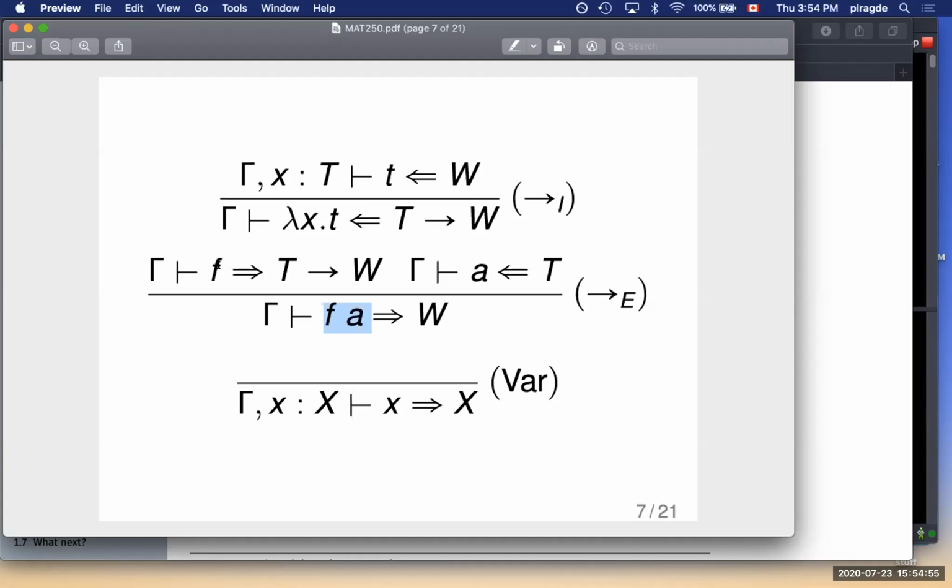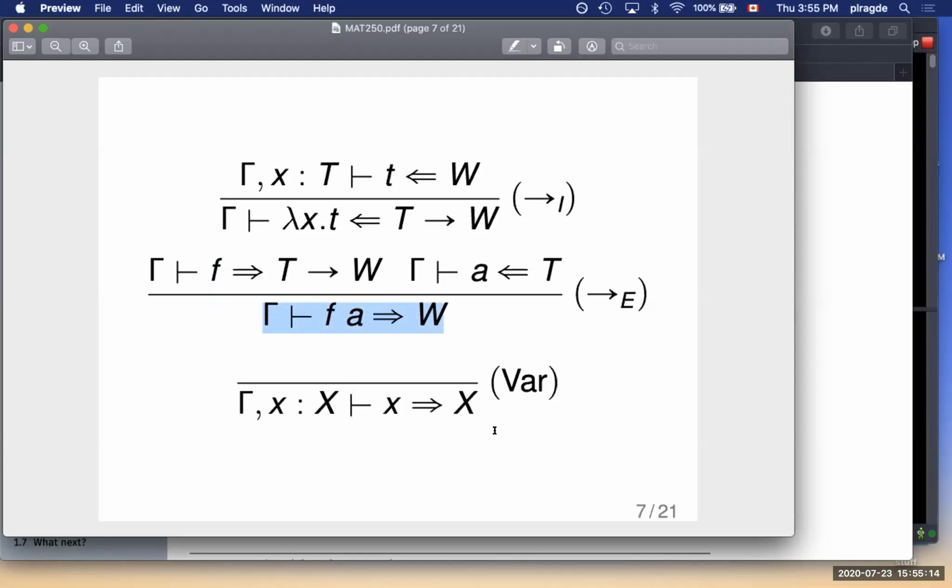Okay, but why is F to the right of the turnstile? Because what we're trying to do is take this sequent and say, what are the premises, what are the things we need that will let us conclude that F applied to A has type W?